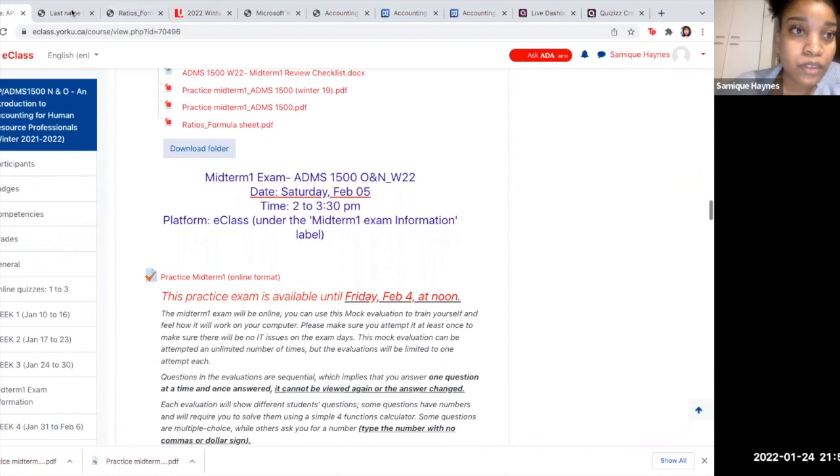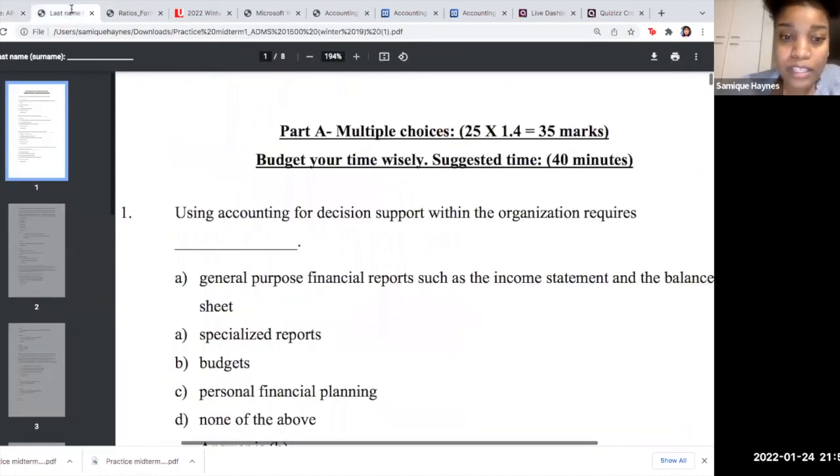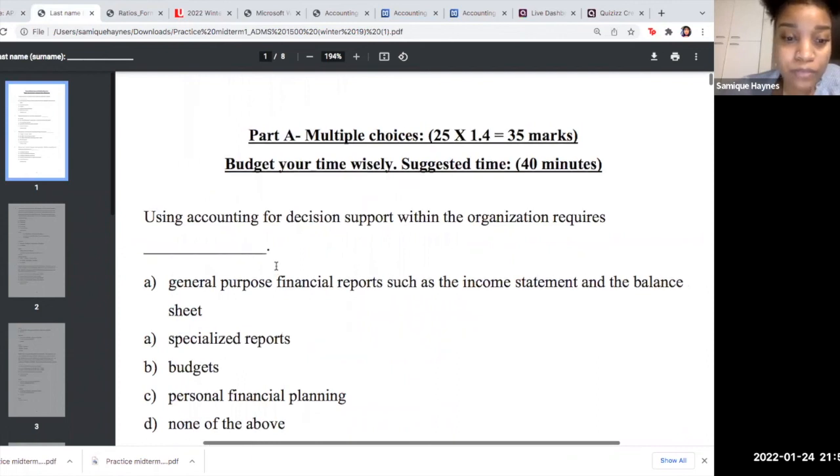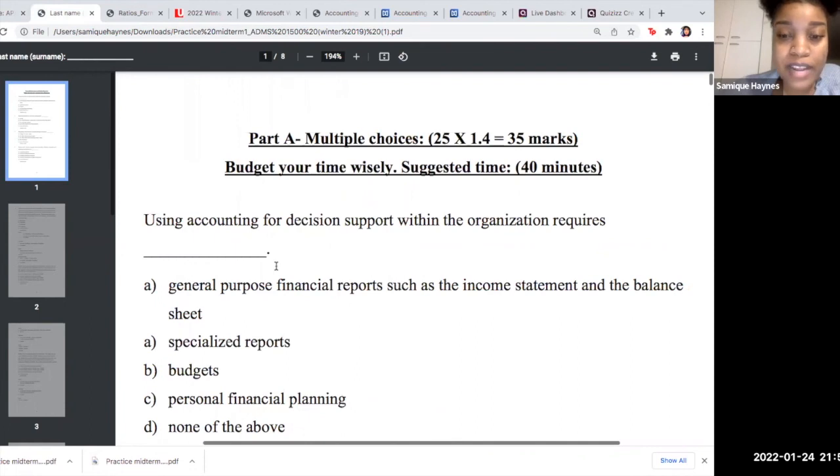Okay. All right, so using accounting for decision support within the organization requires general purpose financial reports, such as the income statement and the balance sheet, specialized reports, budgets, or personal financial planning, or none of the above.